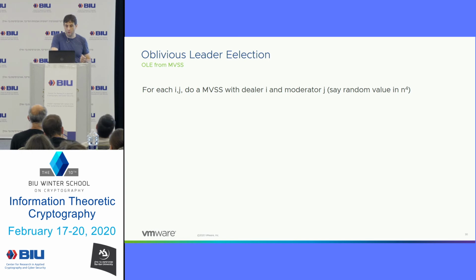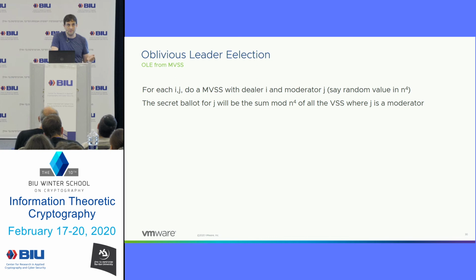Okay, so this is a standard type of MPC, a linear scheme where everybody does a VSS. So if I'm party J, then everybody does a VSS for me, and I will be the moderator for all these instances.